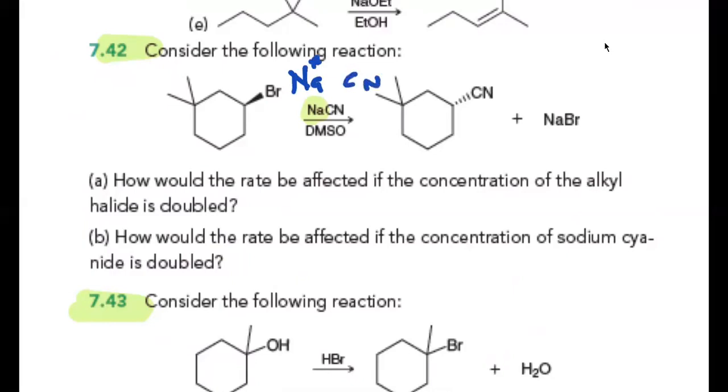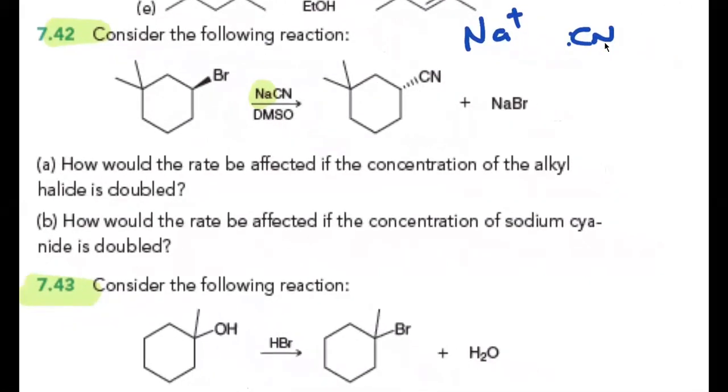So that cyanide is actually negative. This is your nucleophile, and there's a lone pair on nitrogen as well, right?